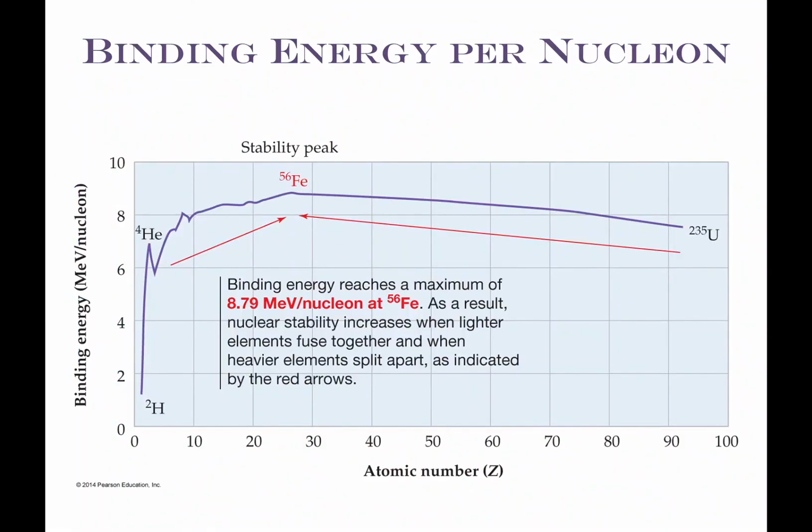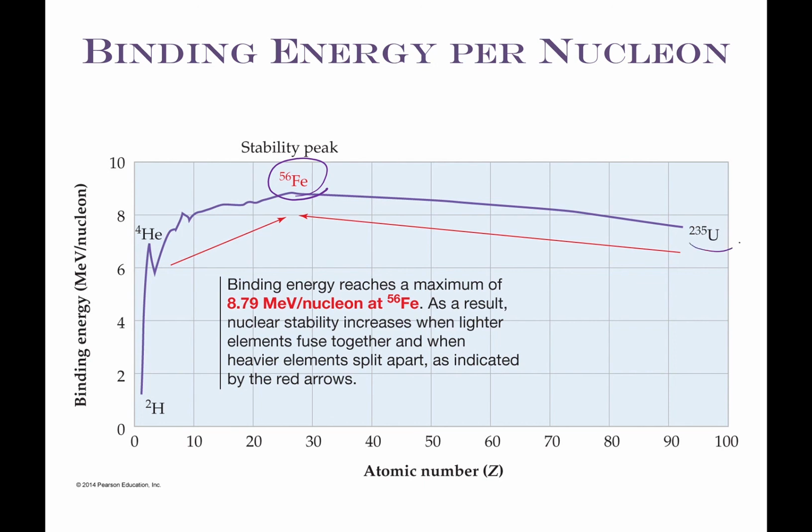Binding energy has a maximum result usually around iron. So we see that nuclear stability increases when our lighter elements fuse together. Look at the red arrows.